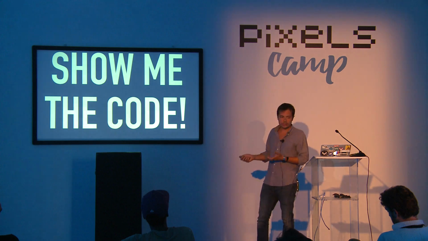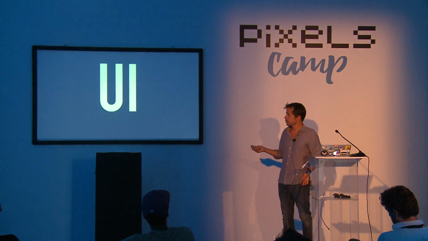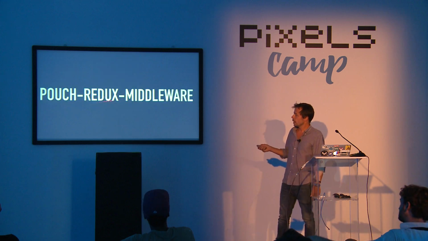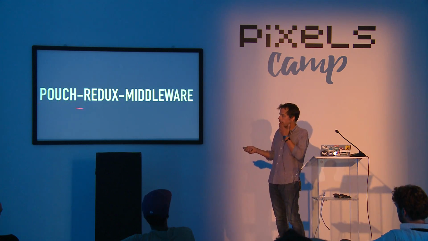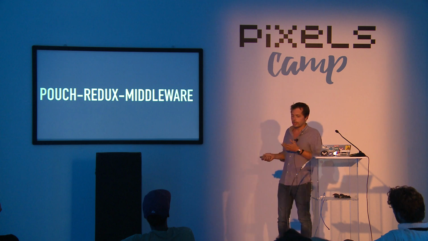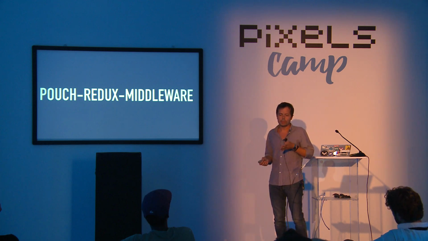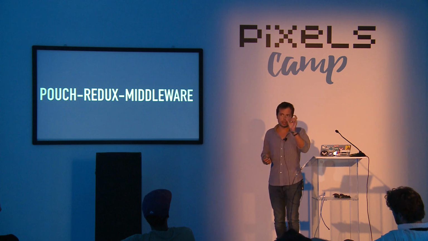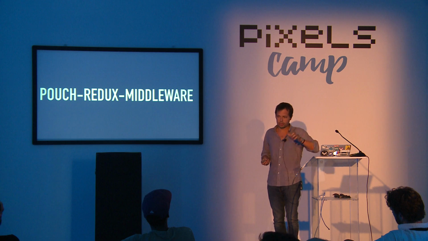So let's look into some code. First on the UI part. Here I'm going to use a library called Pouch Redux middleware. This library synchronizes the browser state, the Redux state, with a PouchDB client-side database bidirectionally.